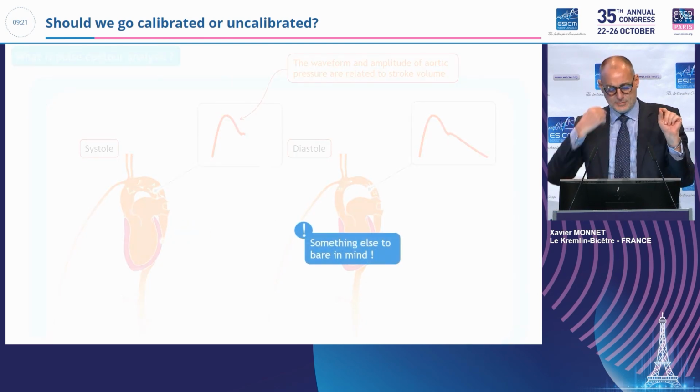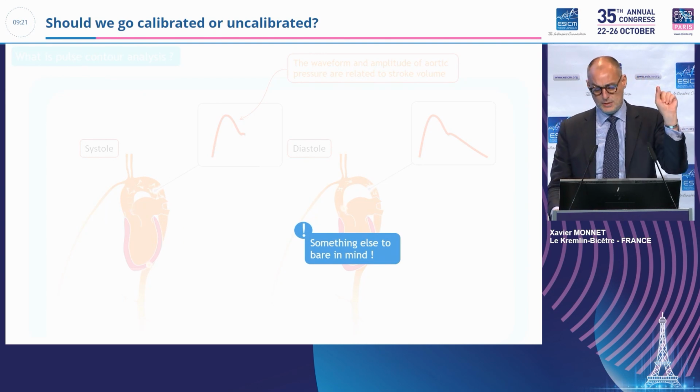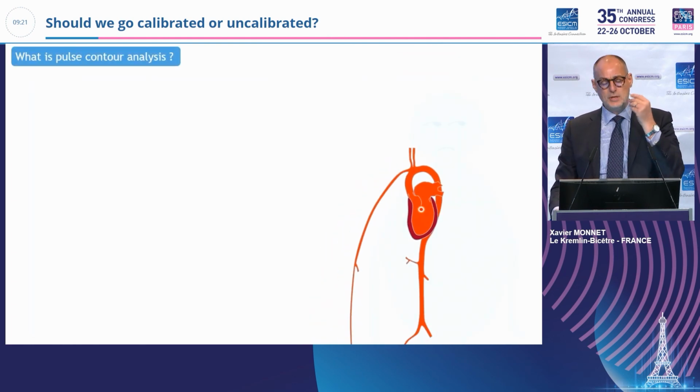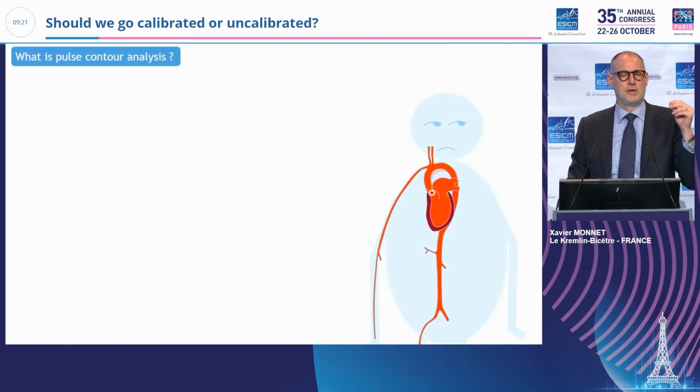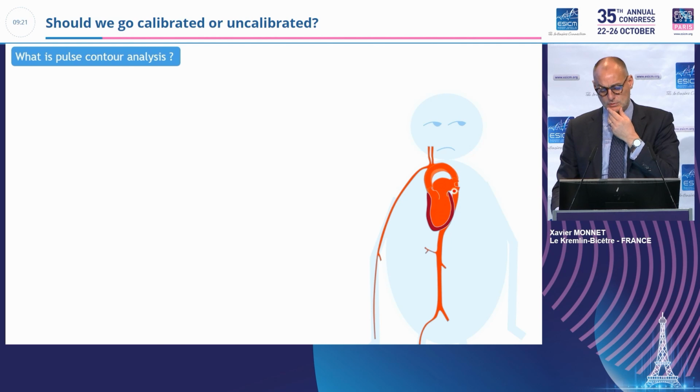The second fact that is very important to bear in mind for answering the question calibrated versus uncalibrated has been explained as well by Antonio. It's the pulse wave amplification phenomenon. The relationship, as I described just before, is true at the aortic level.